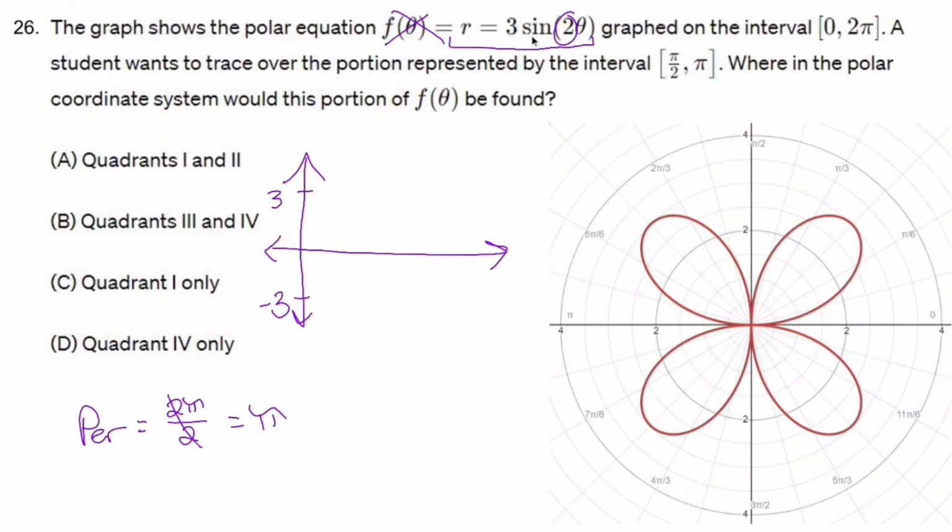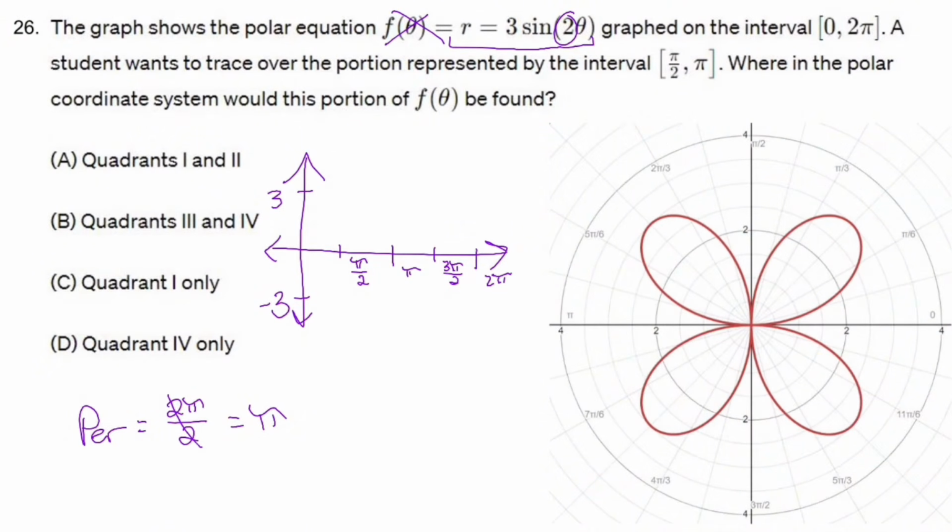And we have a sine function. So let me label this pi, and this 2 pi. This would be 3 pi over 2, and this pi over 2. What we're going to care about is this area right here.